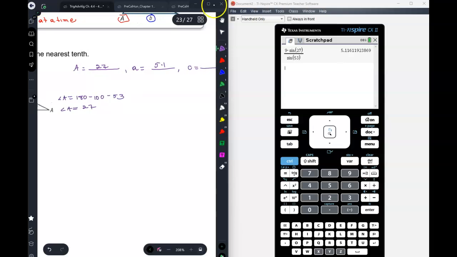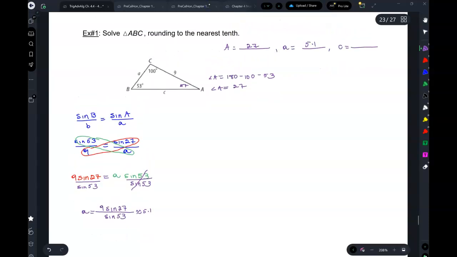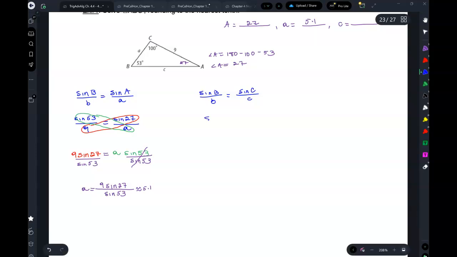Now let's take a look at c. I'm going to do a similar thing. Again I start with sine of B over b, and now I connect it to sine of C over little c. So sine of 53 over 9 is equal to sine of 100 over little c.